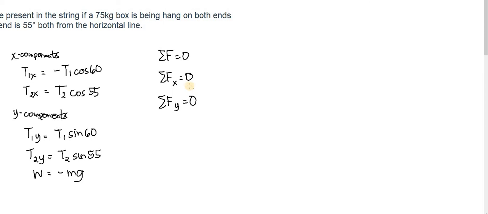Let's find the total forces along the x. Just add the x components: T1 sub x plus T2 sub x is equal to 0.